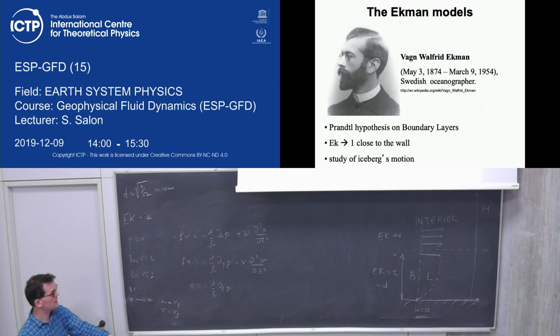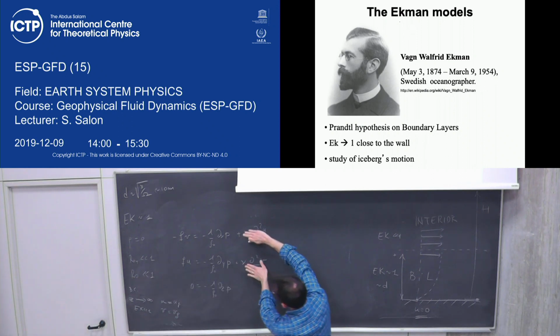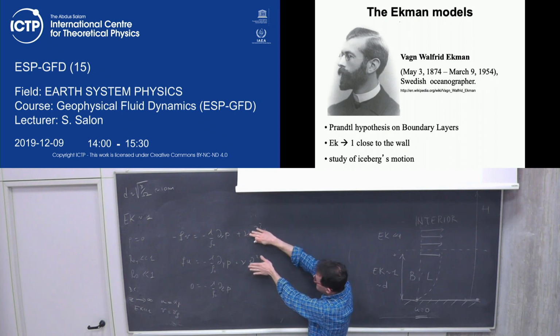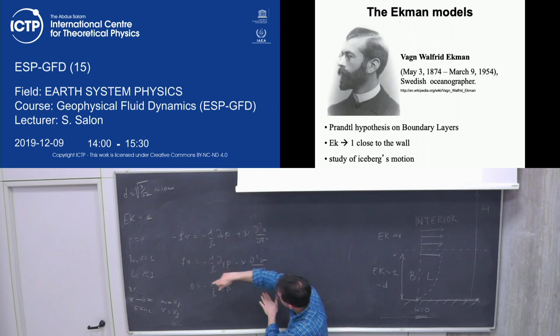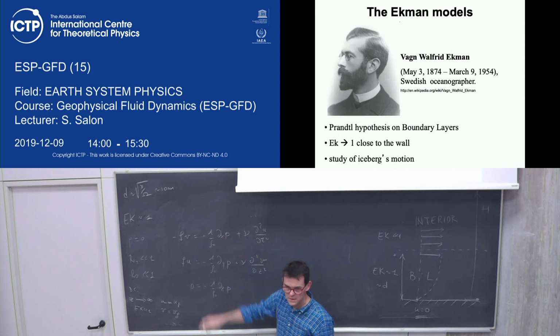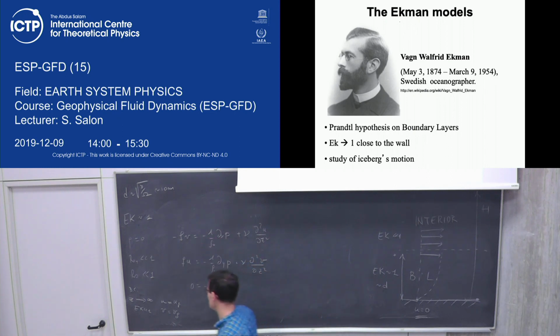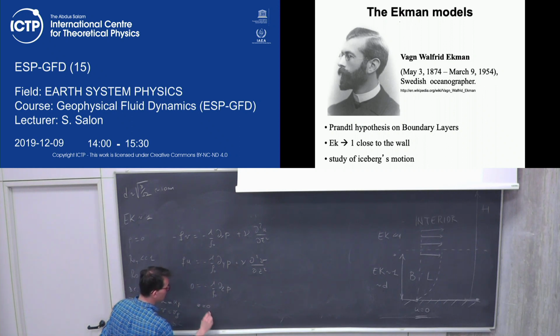So simply what happens when we are very far from the solid boundary is that the Ekman term becomes much smaller, because we don't feel the boundary, so we can safely neglect these two. And we obtain, again, the geostrophic solution. The novelty is that when z is equal to 0, we have u and v equal to 0.